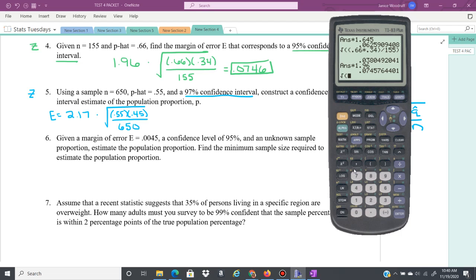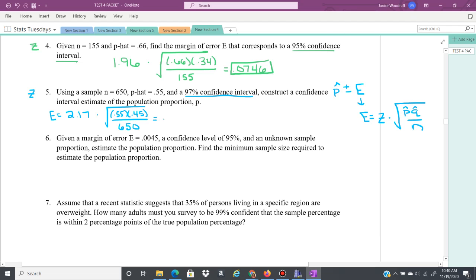We have the square root of 0.55 times 0.45 divided by 650, close the square root. That'll give us 0.0195. Then multiply that by 2.17. So that's going to give us 0.0423. That's your margin of error.